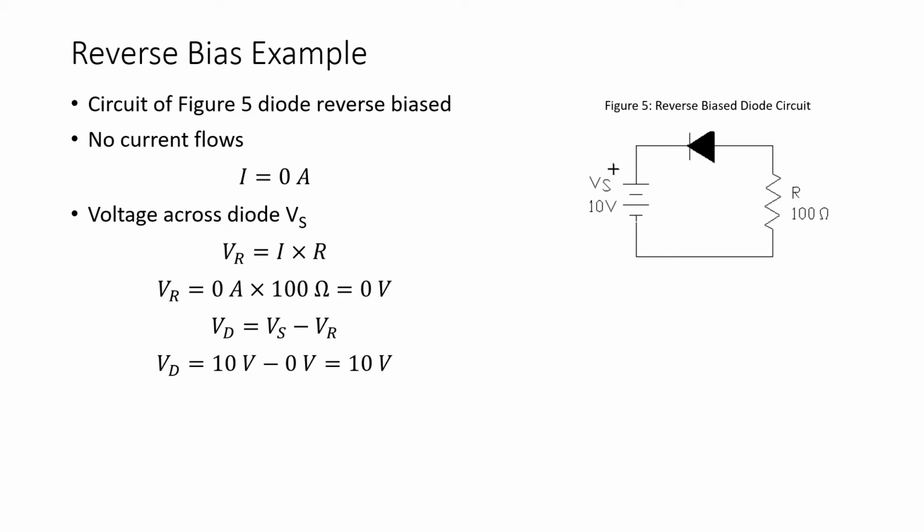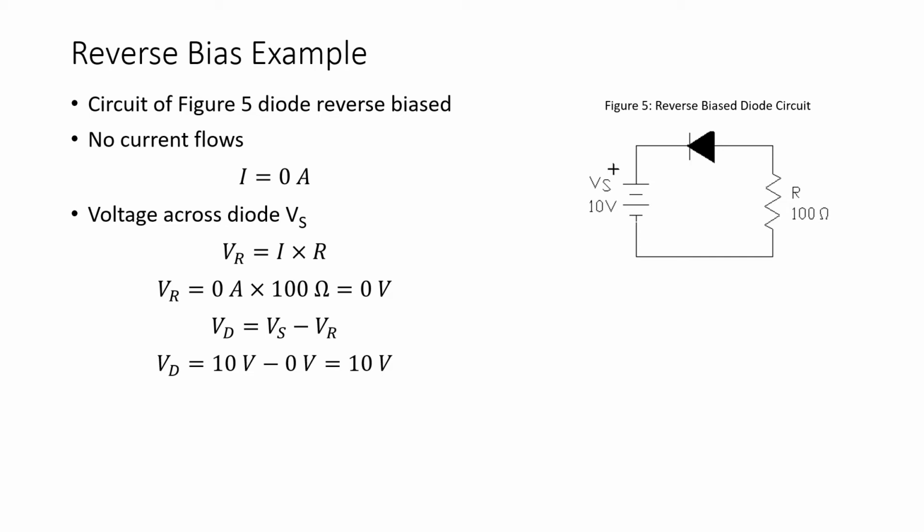Now, assuming that 10 volts is within the limits of the diode, we'll assume that the current through the circuit is 0 amps. And Ohm's law tells us the voltage across the resistor equals I times R: 0 amps times 100 ohms gives us 0 volts across the resistor.